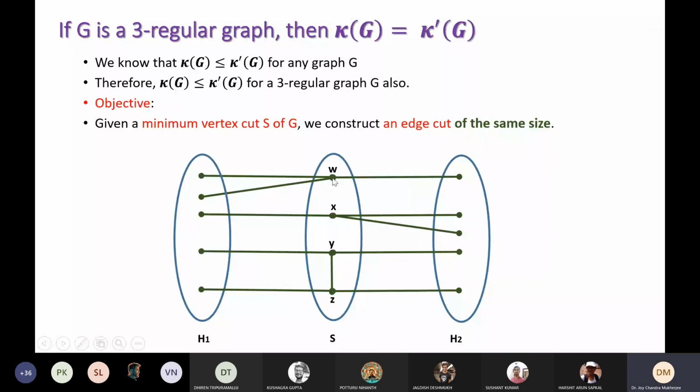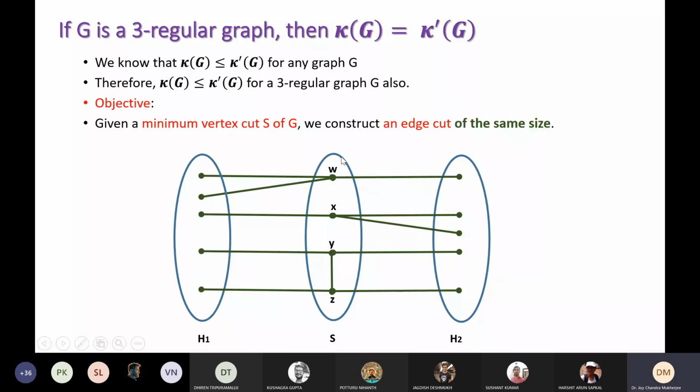For a given vertex, one edge must be here and another edge must be here. That is true for W, X, Y, and Z. The thing is for the third neighbor: it may be in H1, it may be in H2, or it may be in S itself, which is again itself a cut vertex. So there is a common edge between them.